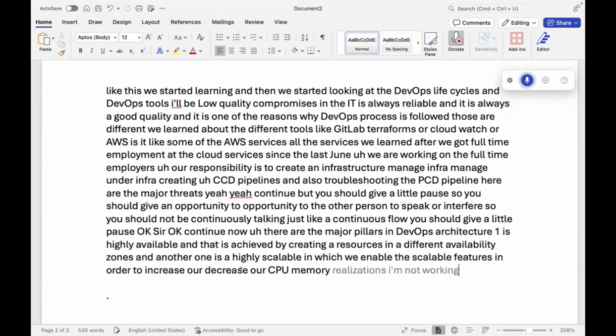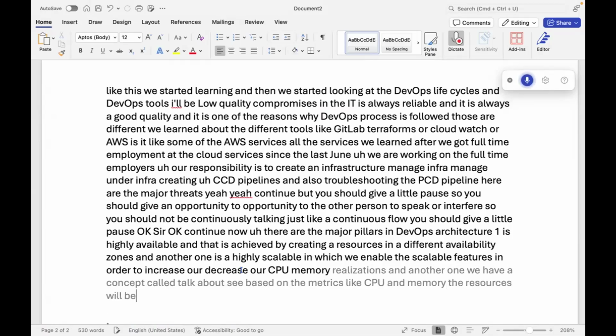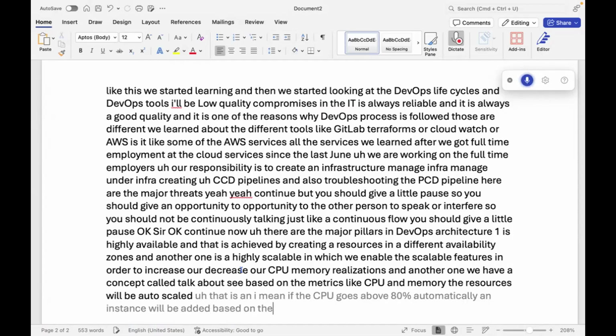Based on metrics like CPU and memory, the resources will be auto scaled. If the CPU goes above 80%, an instance will automatically be added based on the auto scaling policies, and it will be spread across two availability zones to make sure it is highly available.